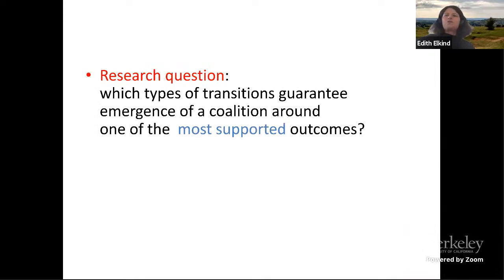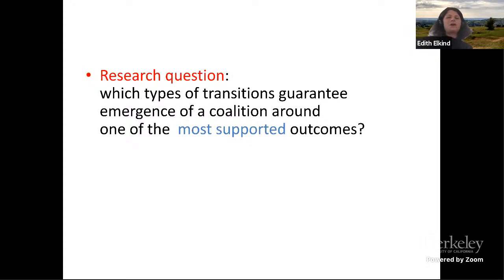Okay, so this is our research question. With these compromise-seeking agents, which types of transitions guarantee the emergence of a coalition around one of the most supported outcomes? This is what we are going to call success. Agents have these dynamics where they split, where they merge, where they move from one coalition to another, and the eventual goal as a group is to identify one of the most supported outcomes and build a coalition around it.